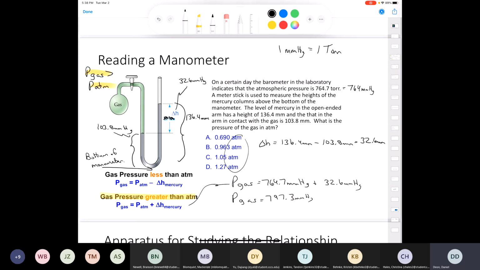All of the answers are given in atmospheres, so we'll just convert those. We have 1 atmosphere equal to 760 millimeters of mercury, and those units cancel, and we end up with the pressure of our gas as being 1.05 atmospheres.